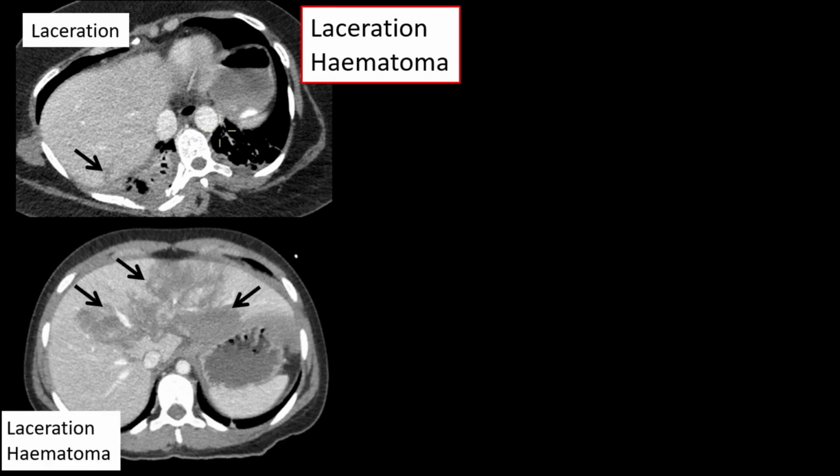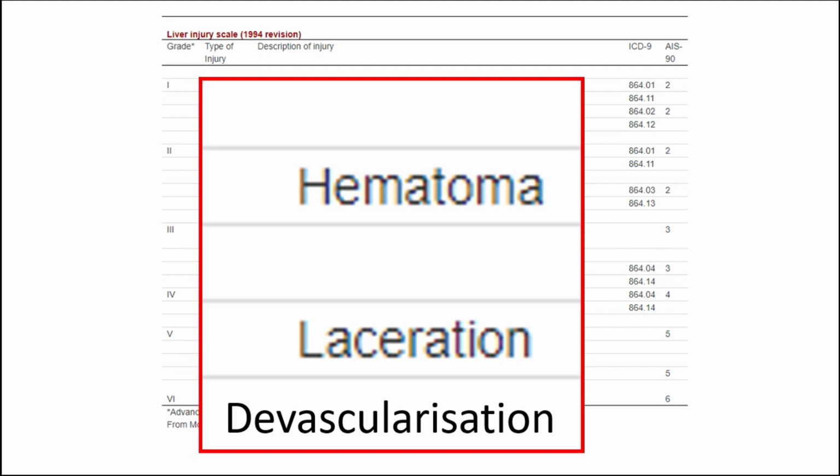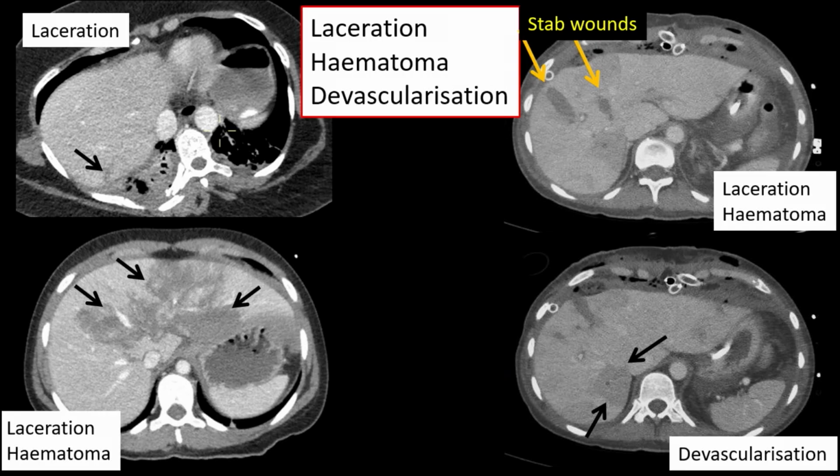Here we've got a small laceration, a grade 1 laceration. Here's someone who's got a much more extensive laceration and hematoma, so you're getting towards a grade 4 liver injury. That's pretty straightforward. I would personally add devascularization to the hematoma and laceration, and I'll show you what I mean.